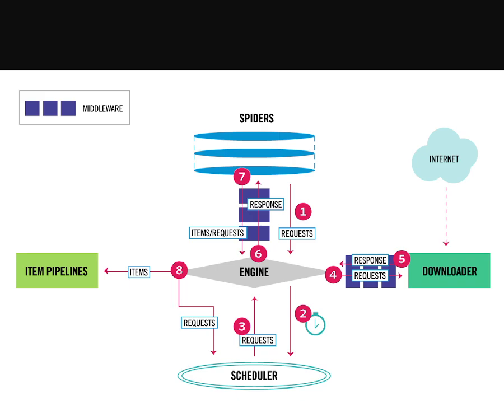So the spider will again receive that response from the engine, and it is going to process it, and in the next step it is going to send items and requests. We have to notice that here we have items and requests, which means that when we do the crawling, there are some pages that are in nested form.